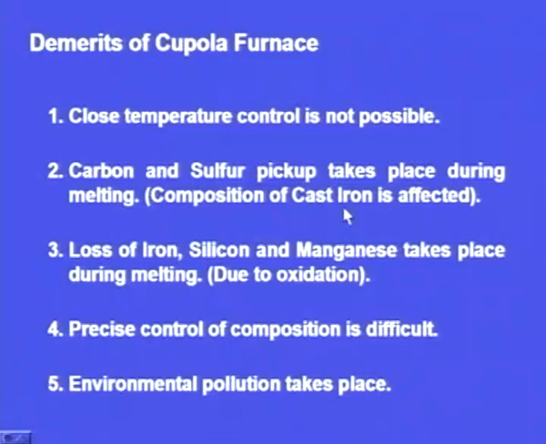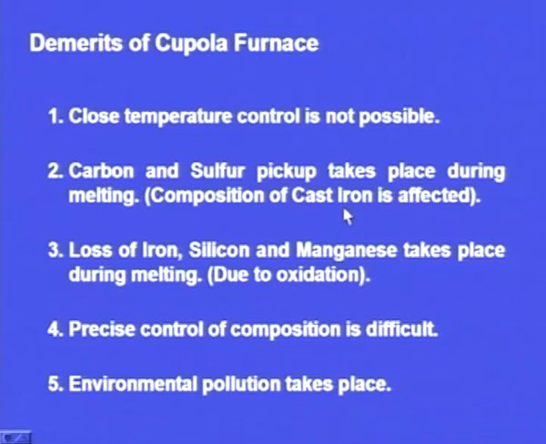Coke contains carbon. The carbon from the coke enters into the molten metal and the carbon content of the cast iron will be increasing. We are finding it difficult to control it. So that is how carbon pickup takes place. Next one, sulfur pickup takes place. Cast iron contains sulfur. There is a limit.